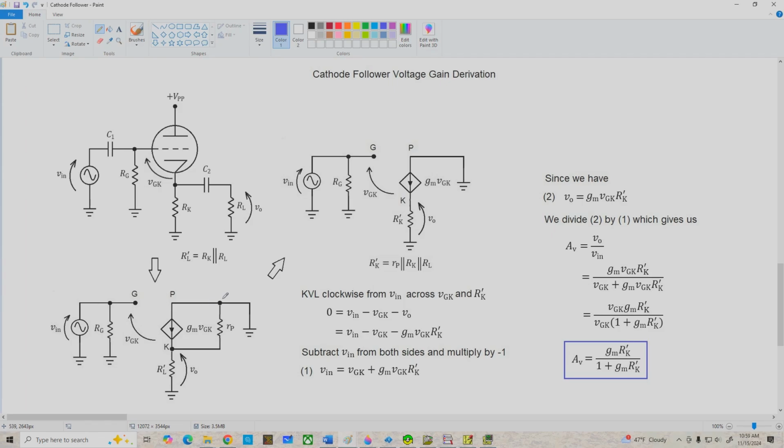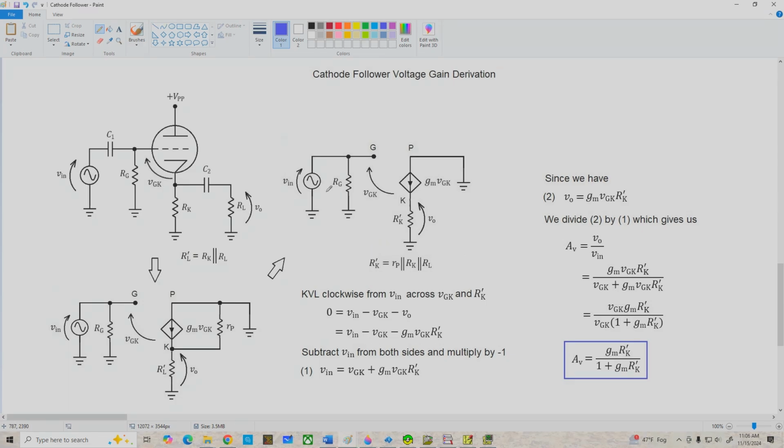Now, it's not entirely obvious, but the dynamic plate resistance little rp is directly in parallel with r prime L. So we can combine these two into an equivalent resistance as shown over here, and we'll call that r prime K.